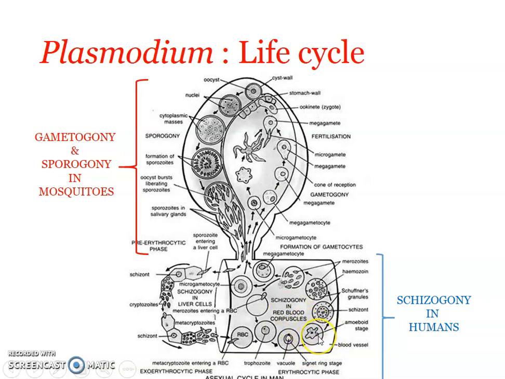These are known as Schaffner's granules. So Schaffner's granules are actually the red eosinophilic granules which develop inside the cytoplasm of the host RBC. Okay, and these are developed at the amoeboid trophozoite stage in the schizogony.